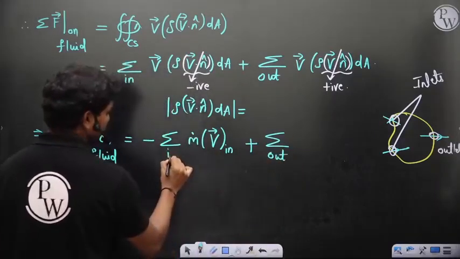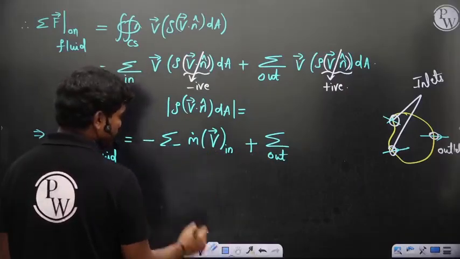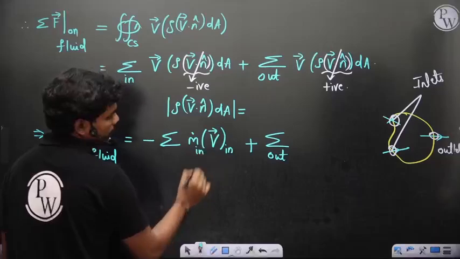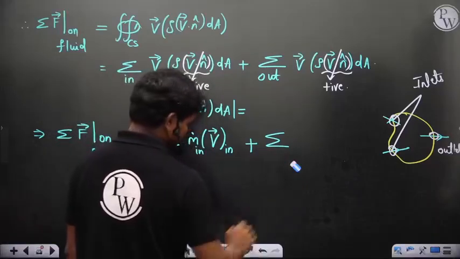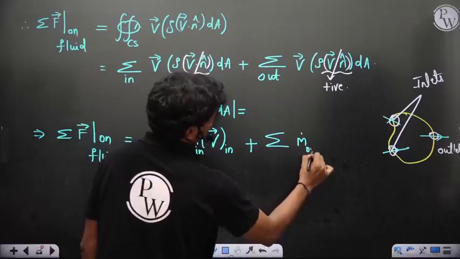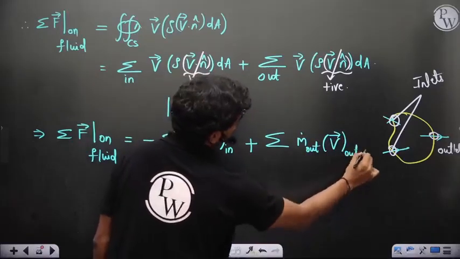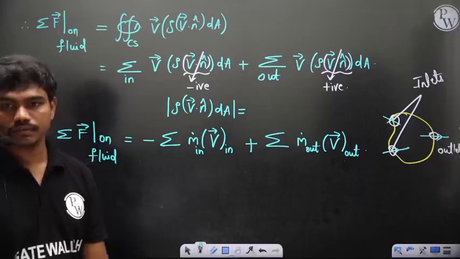This is in. Okay, anyhow I have written inlet here, so m dot in v in, plus summation m dot out v out, at the outlet actually here.